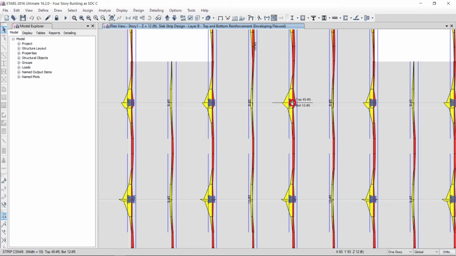If you see my previous video, at the same location the number of bars was 26 only. That means now 19 bars are added over here at the same location. Almost 73-74% bars are increased.